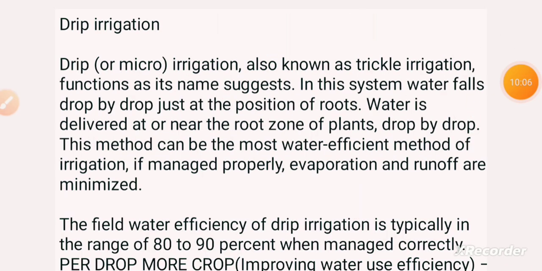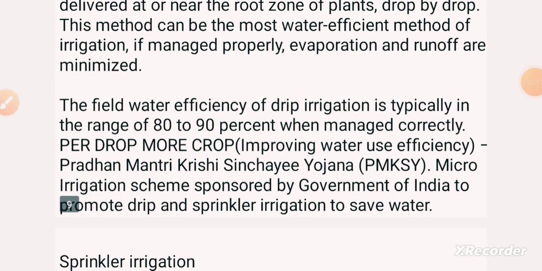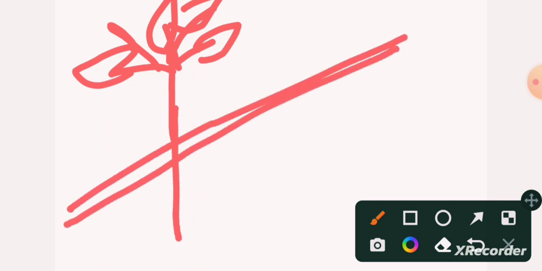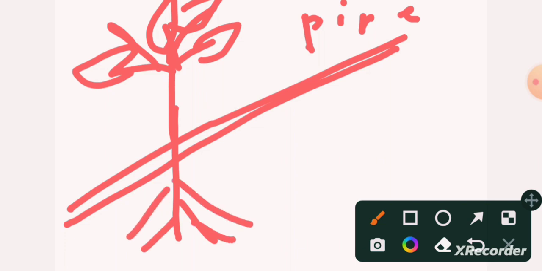So this is drip irrigation, as we know. We can see drip irrigation through a diagram. For example, this is the crop, and this is the water pipe. What happens in drip irrigation is that the water falls directly to the roots of the plant, the root of the crop.